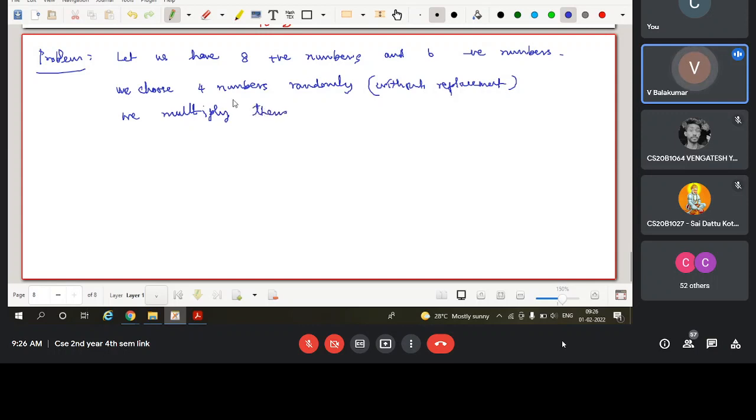We multiply these 4 numbers, or instead we say 4 numbers are chosen randomly without replacement and multiplied. The question is, what is the probability that the result is positive?